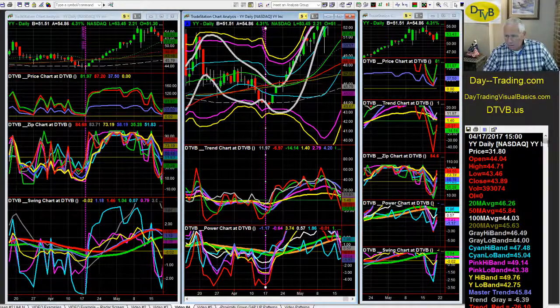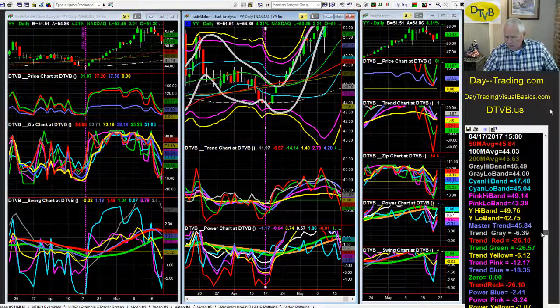Trend red with trend green. Trend red is at minus 26.1 and trend green is at minus 26.5. So the green is just a little bit lower and red has just crossed over the green by barely 0.4 tenths. That is the signal.